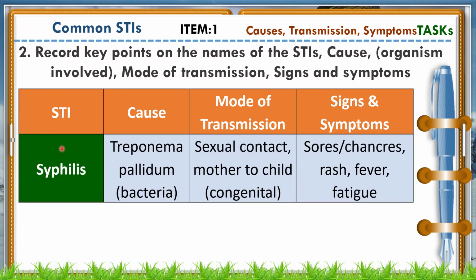The third STI we have is syphilis. Syphilis is caused by Treponema pallidum, which is a bacteria. The mode of transmission is through sexual contact.